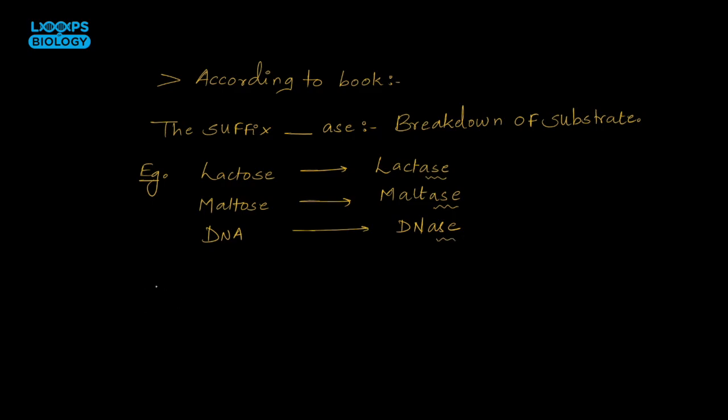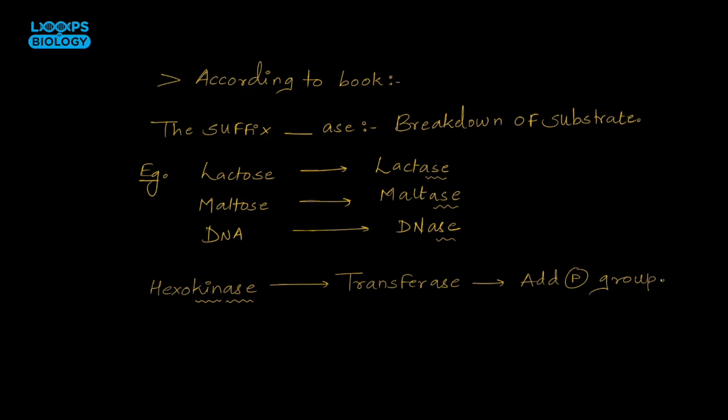Whenever I am considering hexokinase, there is ase, but this belongs to your transferase group, and as we have seen, kinase is going to add a phosphate group. There is one more example called alkaline phosphatase. It is a phosphatase enzyme itself, but it works in alkaline condition, that means pH above 7.